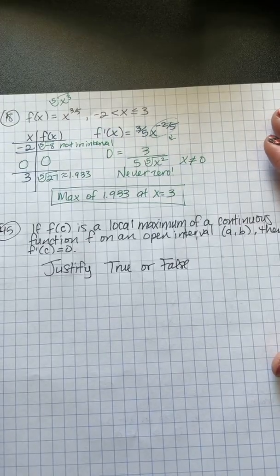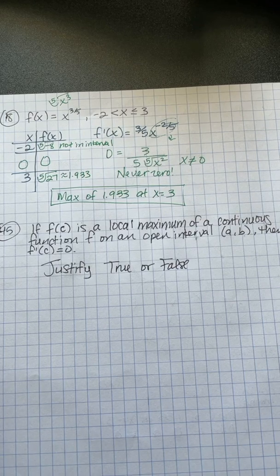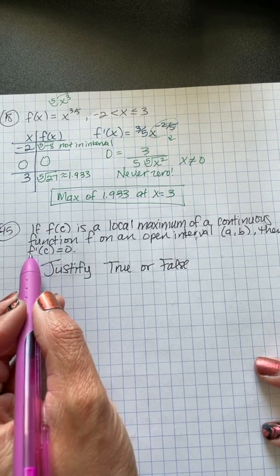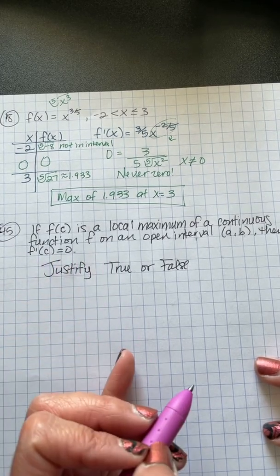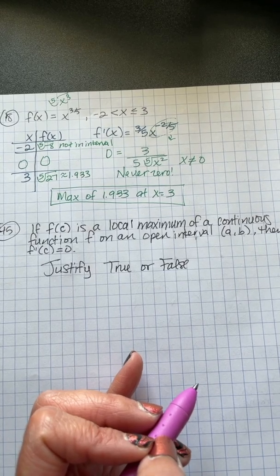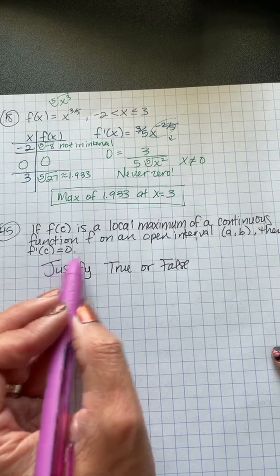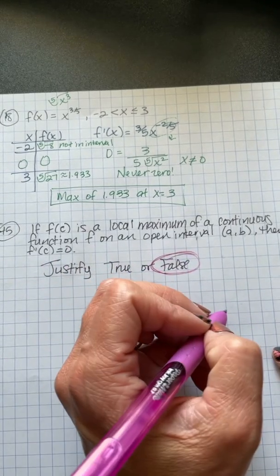All right, number 45, if f of c is a local maximum of a continuous function f on an open interval from a to b, then f prime of c equals 0. Well, it's missing something. We set the derivative equal to 0, but we also look for where the derivative does not exist. So it's missing part of it. So this is false.